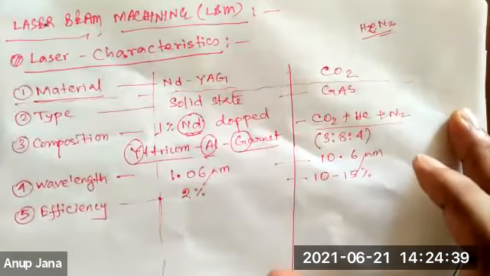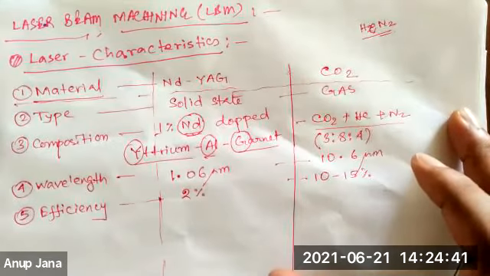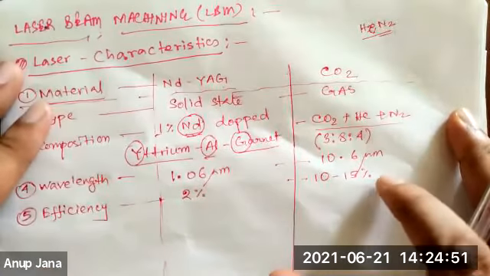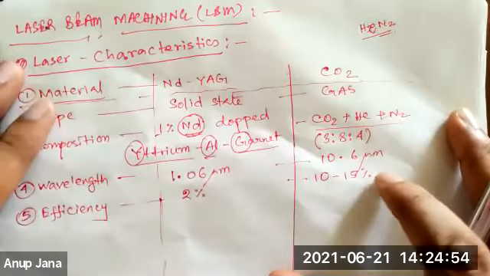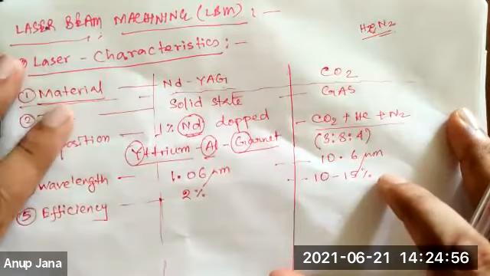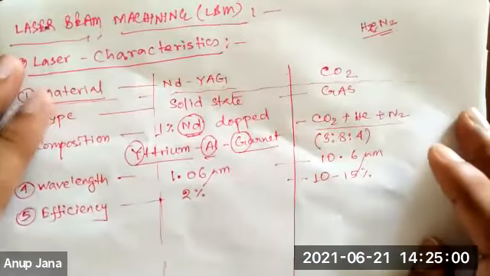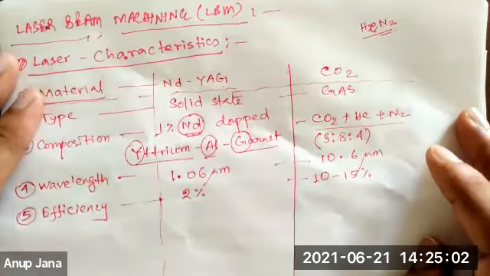But in the last class, I have already discussed that the carbon dioxide laser efficiency is better. But there are some problems. Why it is better, that also I will tell you. And why here efficiency is somewhat less, that also I'll tell you in the next point.